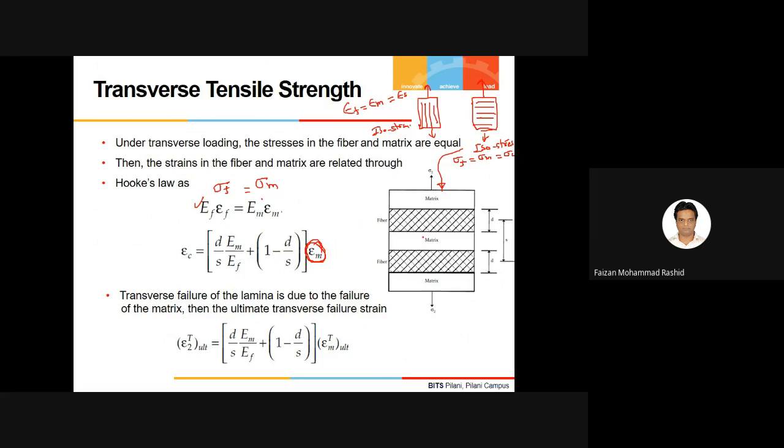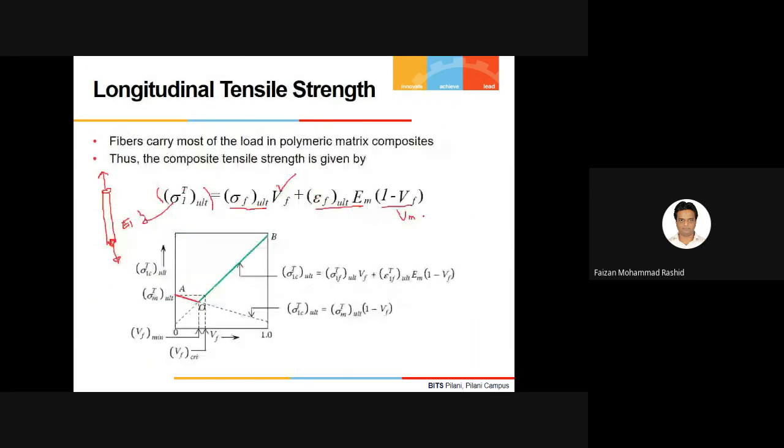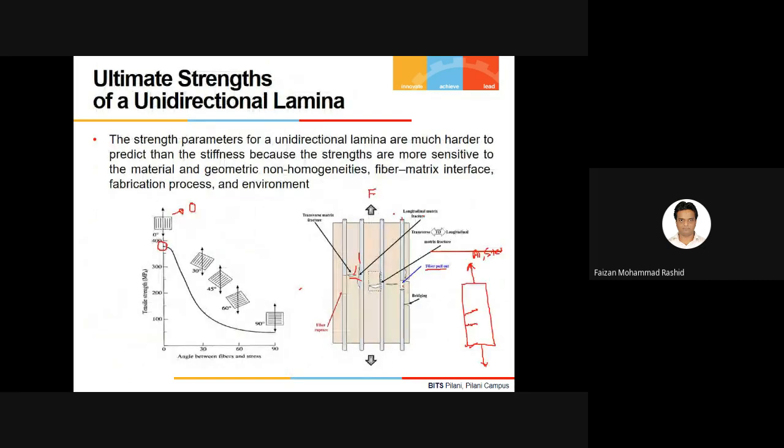But what happens when the loads are applied in this way, in the transverse manner, most of the time failure happens in the matrix material, because you see here this image will tell you all the things. You see here, when the load is applied at 90 degrees, you have minimum strength, and here you have maximum strength.